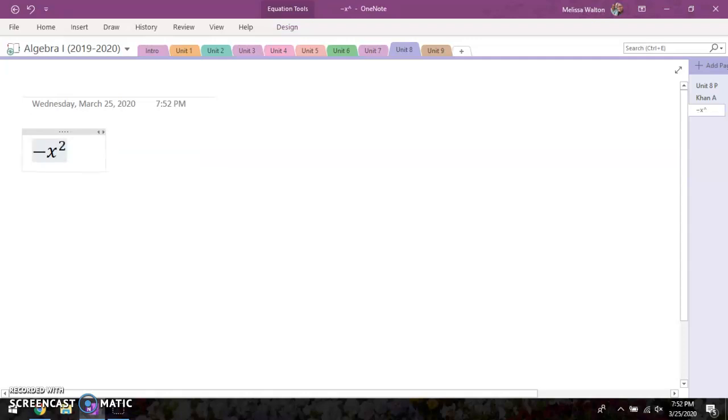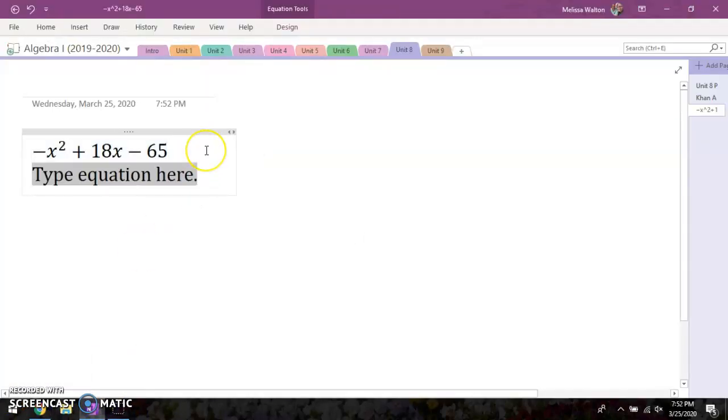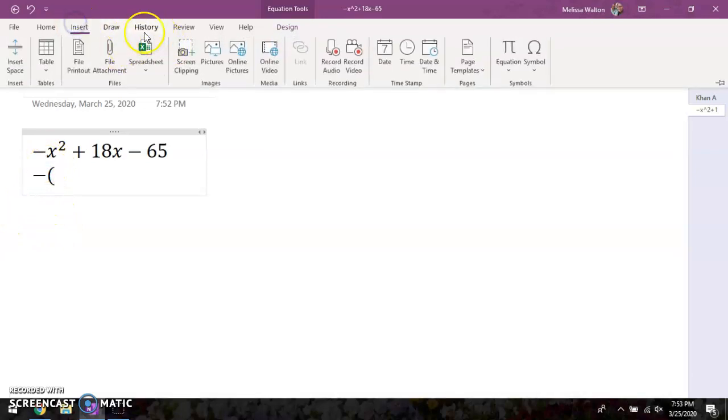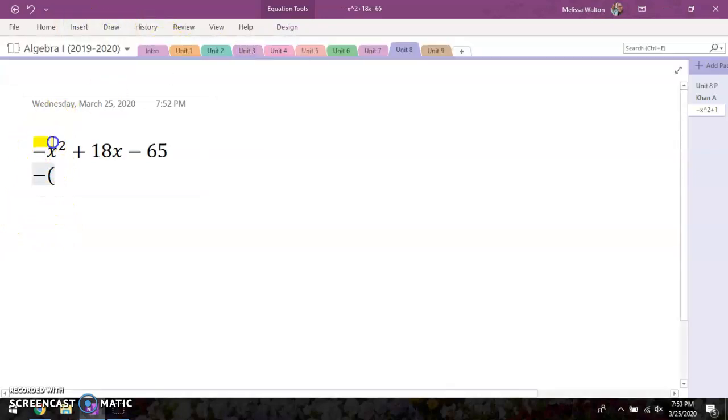Typically we have vertex form where this negative needs to be outside of the parentheses. That tells me that I am frowny. So I'm going to go ahead and factor out a negative from these first two terms only.